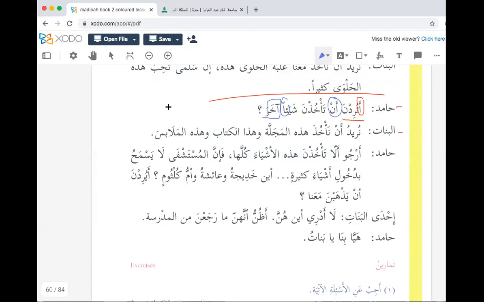So why did you, Imran, read over here al-kitab? Because it follows the same rule as mujallata. أحسنت. And why is majallata mansub? Because it's is it مفعول به?